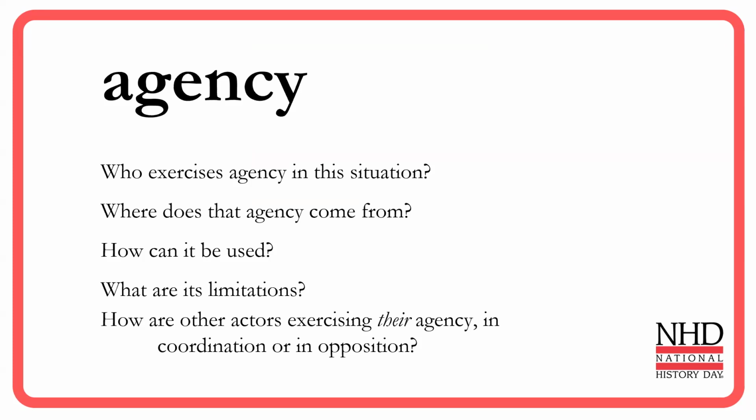As historians have gotten better at researching the past and thinking about the past and exploring the interconnections in the past, we've gotten a much more subtle sense of the many, many different ways that people can exercise influence over events.